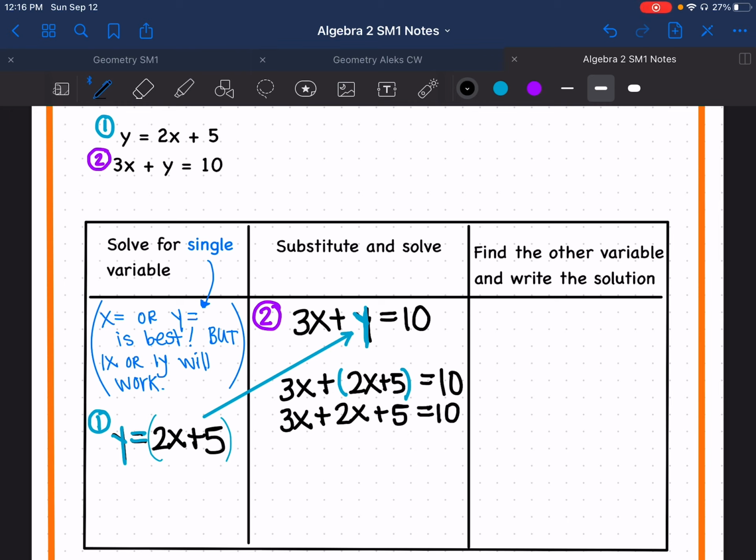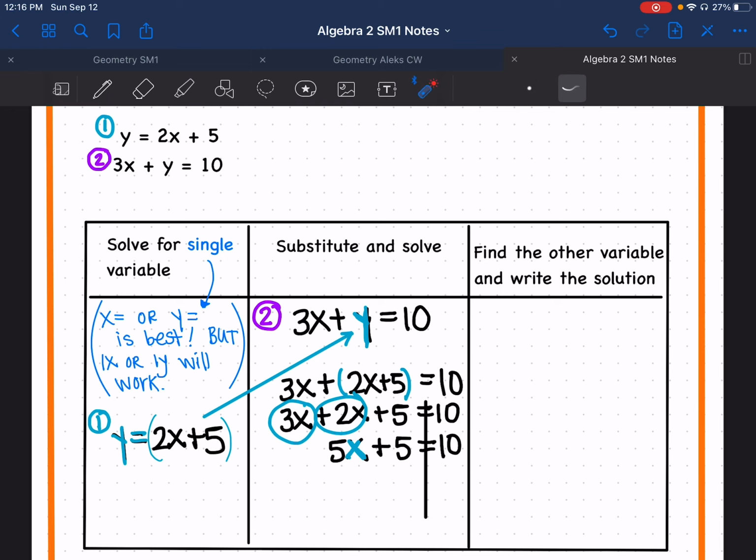I can go ahead and solve that equation. I can put my x's together: 3x plus 2x would be 5x plus 5 equals 10. I'm solving for the variable x.